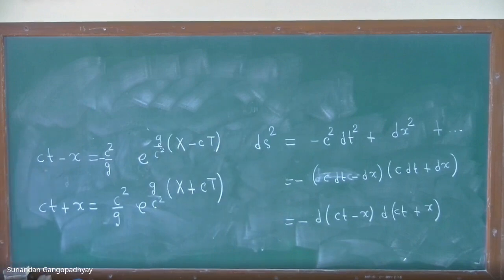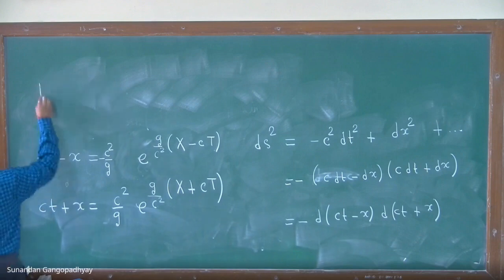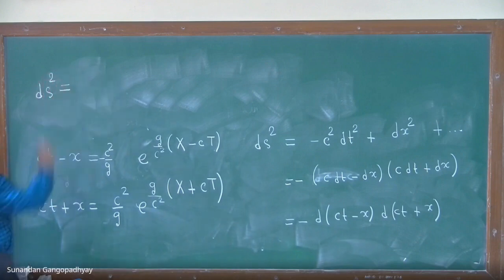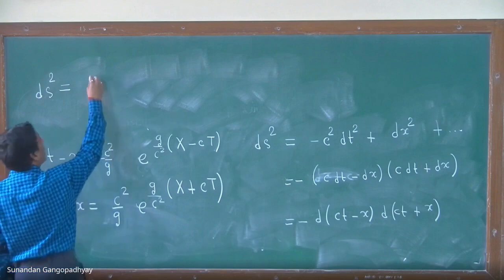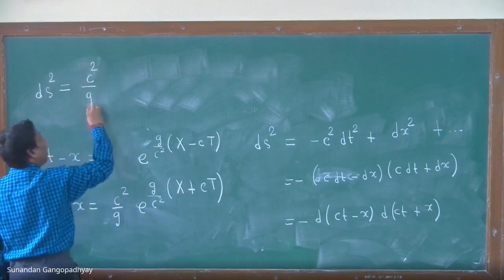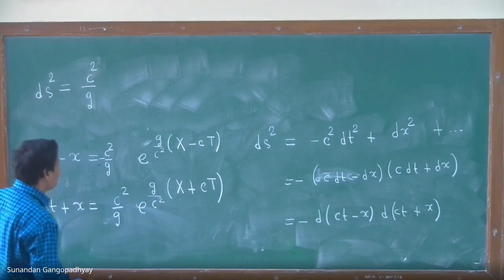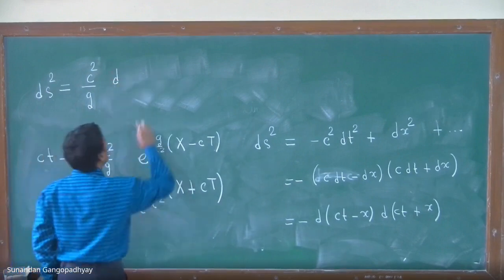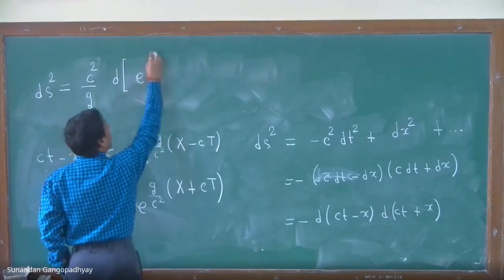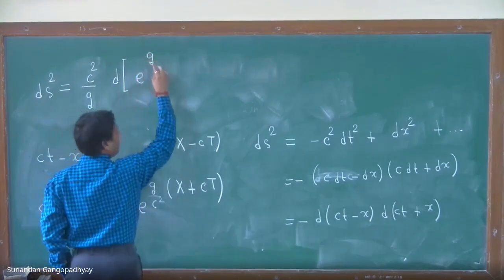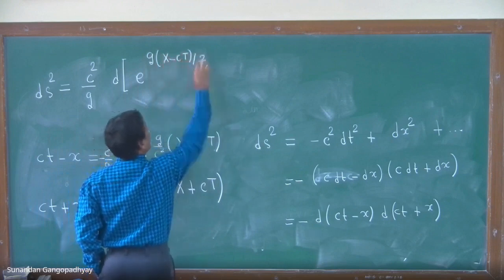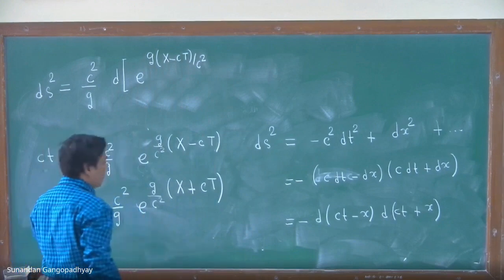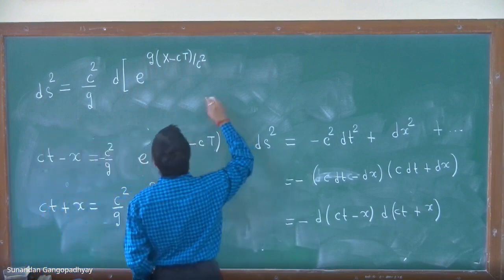So ds square is equal to take the derivative. So here is a minus sign, so minus and minus will become plus. So this will be c square by g, d of e to the power g, c square, and then ct plus x.